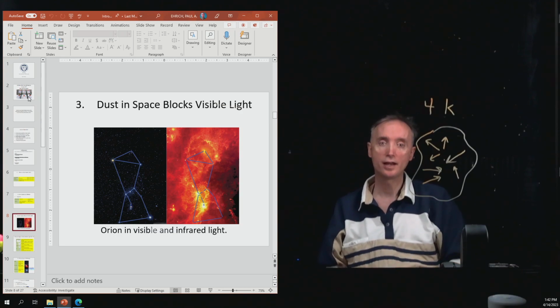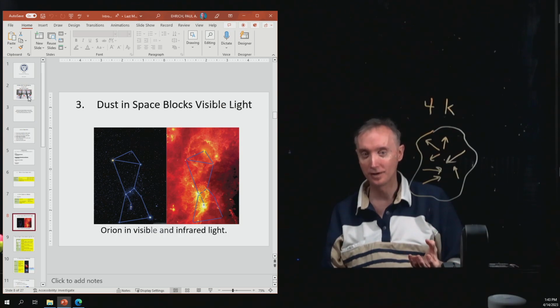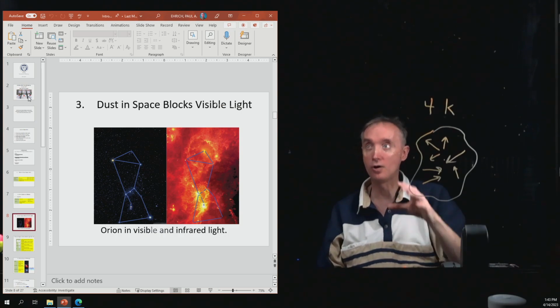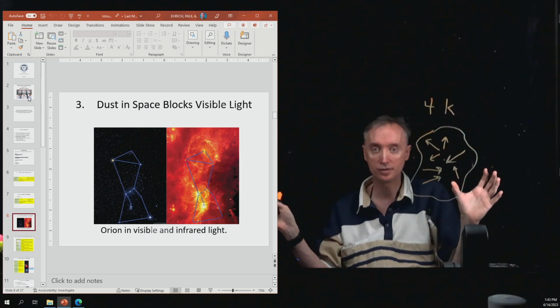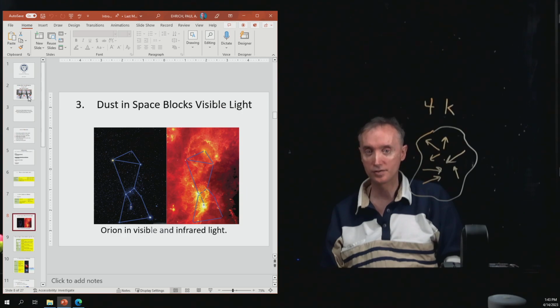Another thing I'd like for you to know is that dust tends to block visible light. That's why at night it's dark: most of the light from all the stars surrounding us doesn't make it to Earth because it's being intercepted by dust. But there is a kind of light that very easily penetrates dust, and that's infrared.